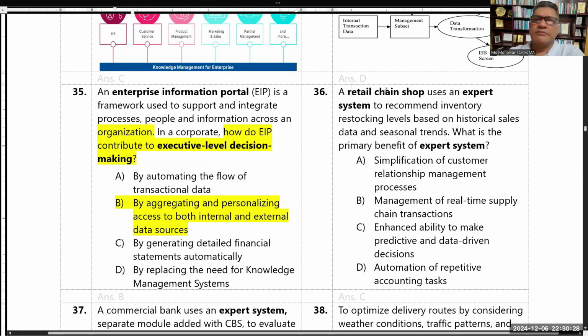Answer B. A retail chain uses an expert system to recommend inventory restocking levels based on historical sales data and seasonal trends. So what is the primary benefit of an expert system? The primary benefit of an expert system is the enhanced ability to make predictive and data-driven decisions.